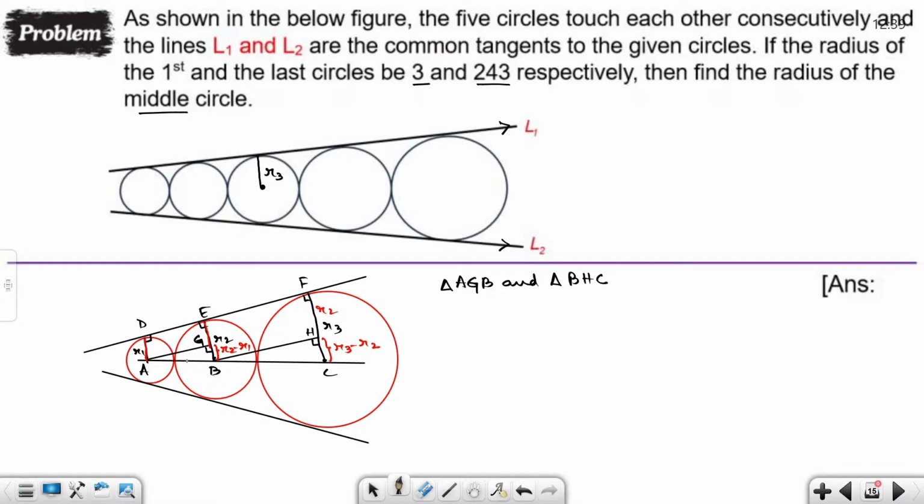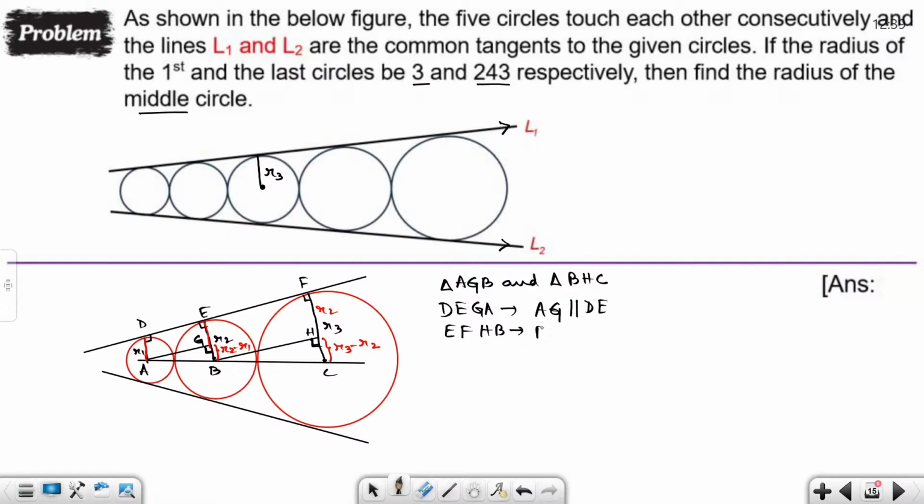Now in these triangles we can see that this angle and this angle are 90 degrees. DEGA is basically a rectangle. Therefore AG is parallel to DE, right? Similarly, quadrilateral EFHB is also a rectangle.